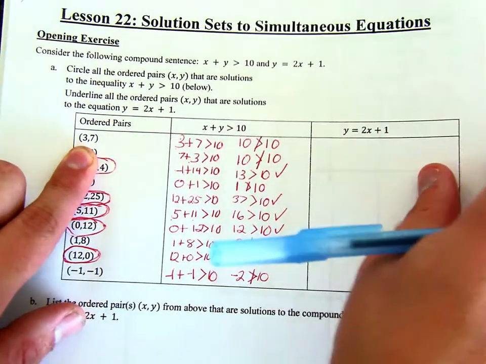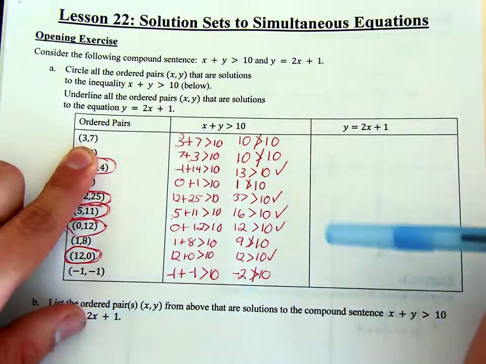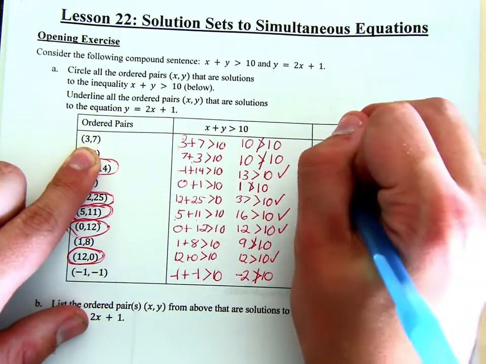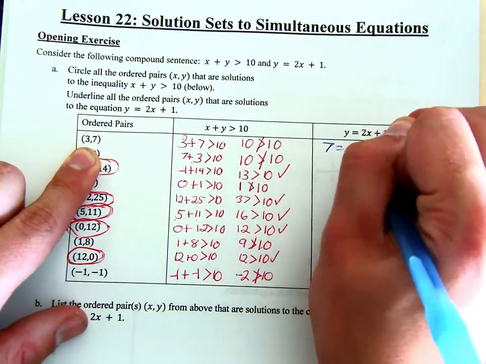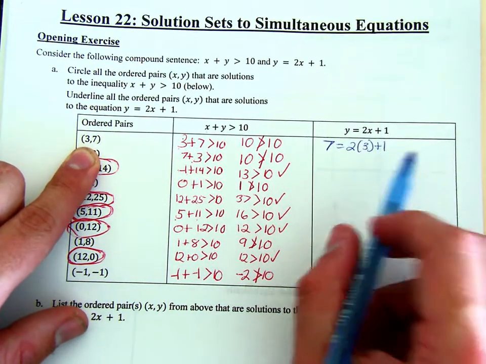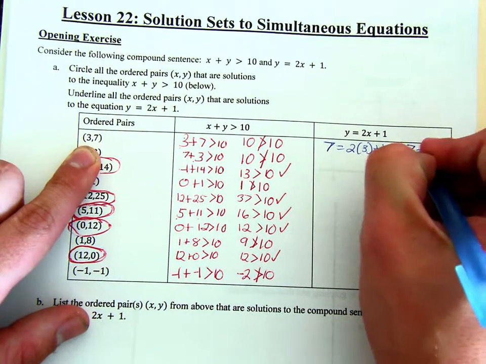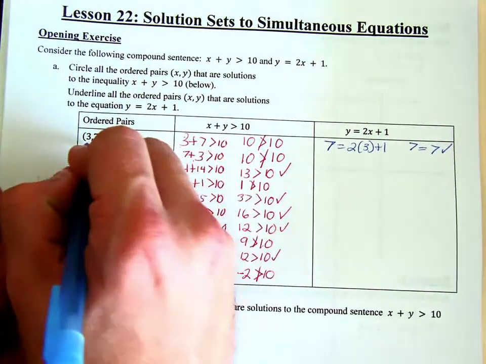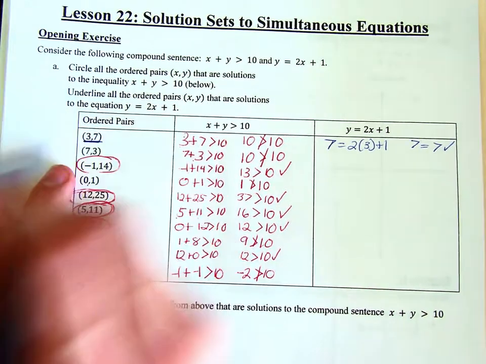So I get that 7 is equal to 2 times 3 plus 1. 2 times 3 is 6, plus 1 is 7. So I get that 7 is equal to 7, and that works. So I'm going to underline the solution.